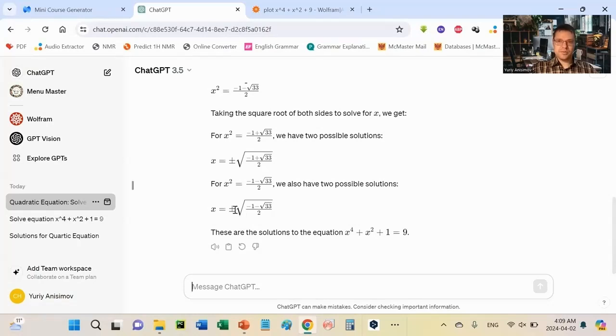So it's supposed to be an imaginary unit here. But in general, 3.5 gave us the correct solution, and that's fantastic. So again, we see that even version 3.5 of ChatGPT managed to correctly solve the equation. So yeah, it's a notable improvement, given its historical propensity for making errors in calculations.